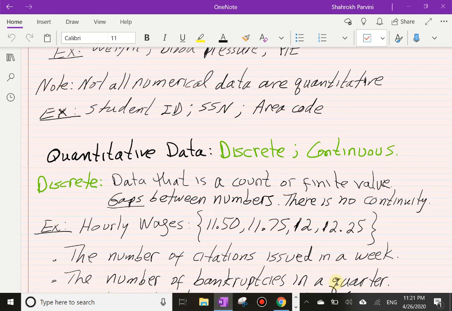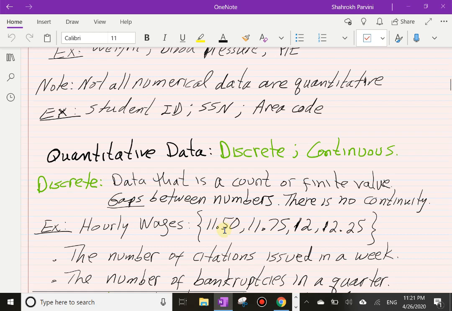Now think about hourly wages. Let's say this is for some fast food company, and these are the starting hourly wages: $11.50, $11.75, $12, $12 and a quarter. Notice these are not necessarily counts, right? So I have here count or finite. My example of hourly wages falls under finite values, not counts, because 11.5 is not a whole number.